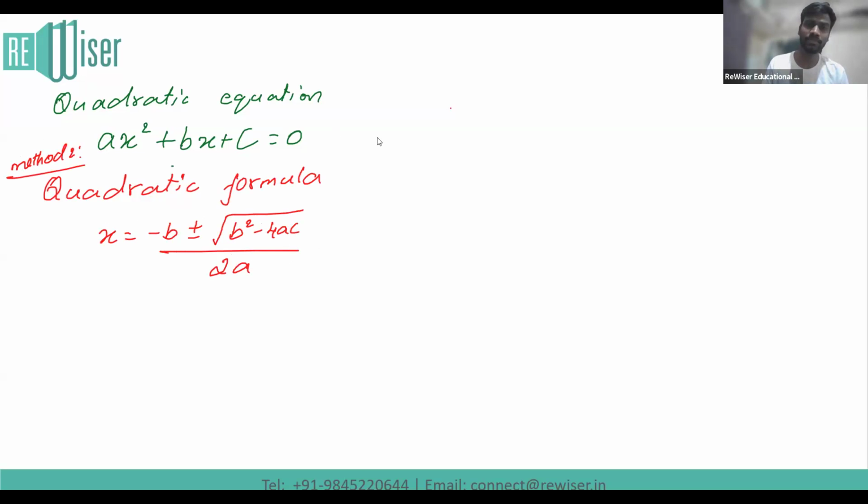So if I just take an example here, I'll take the similar example which I took in order to solve it using factorization, which is x squared plus 5x plus 6, and this is equal to 0.